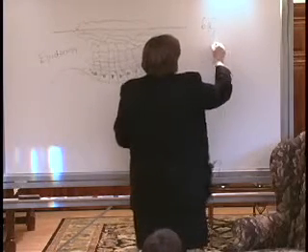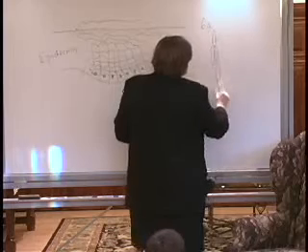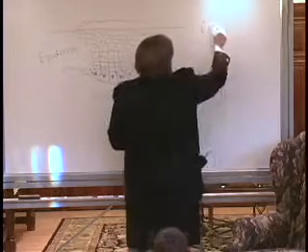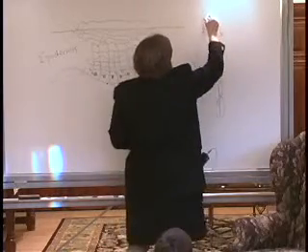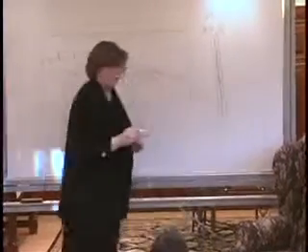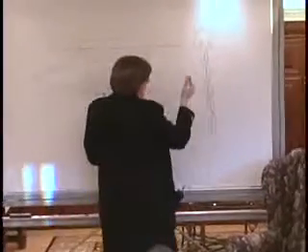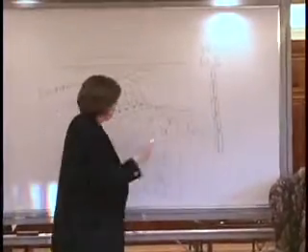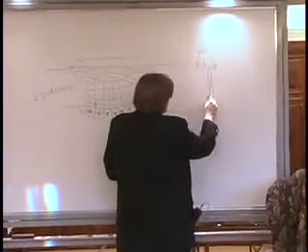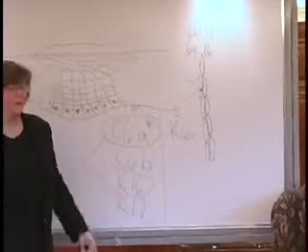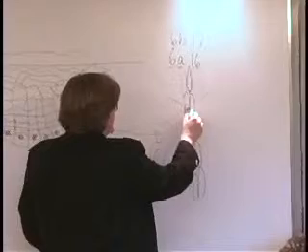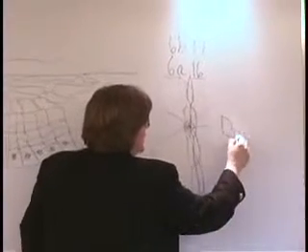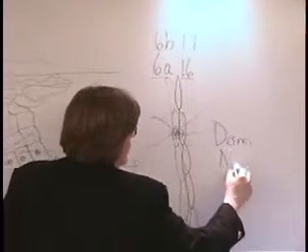This isn't a very good drawing, but in order to make a good strong filament, you have to have 6A with 16, or you can have 6B with 17. But if you have a mutation in one of these, then all of a sudden it breaks up the ability to make a nice filament. You can't make a nice filament anymore because you've got one of these bad ones in it. That's what's called a dominant negative mutation.